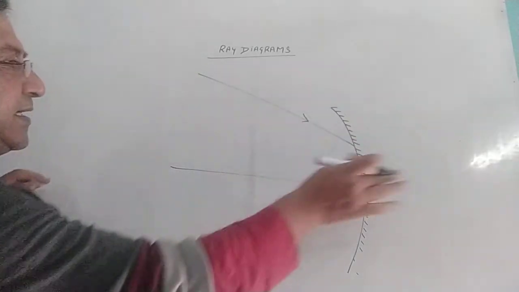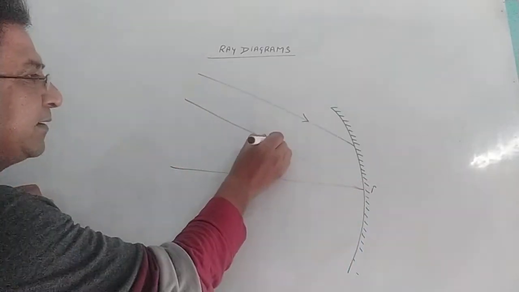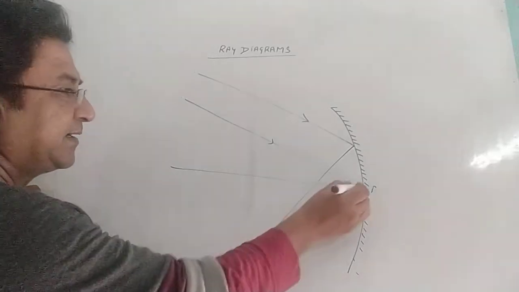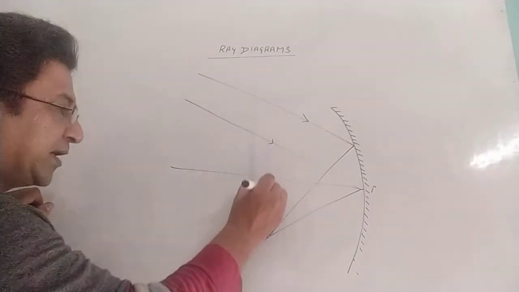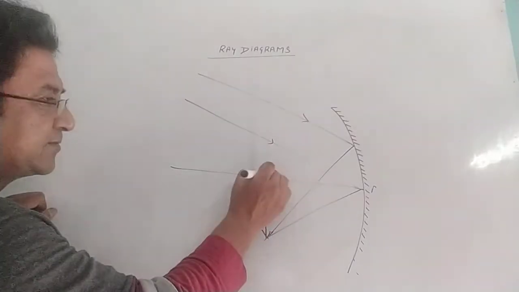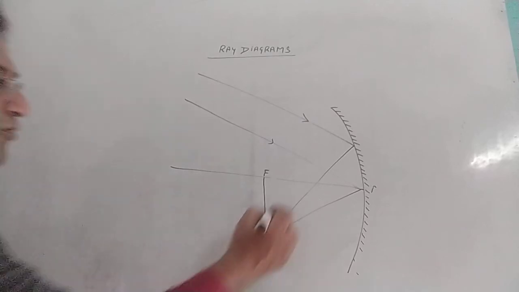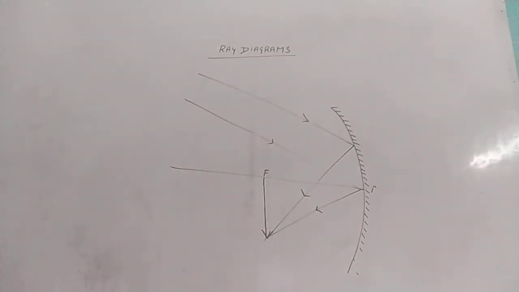Now one ray, strike it anywhere. Second ray, strike at the pole. Okay. Now these two rays will be reflected like this, and they will join here. Wherever they join, make a foot with the principal axis, and this is the focus. You don't have to measure in this diagram. Wherever they are meeting, just write focus over here.